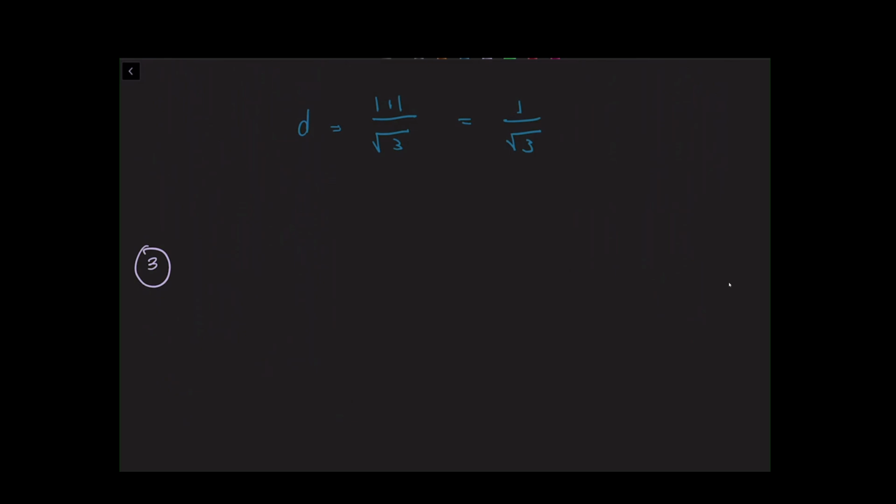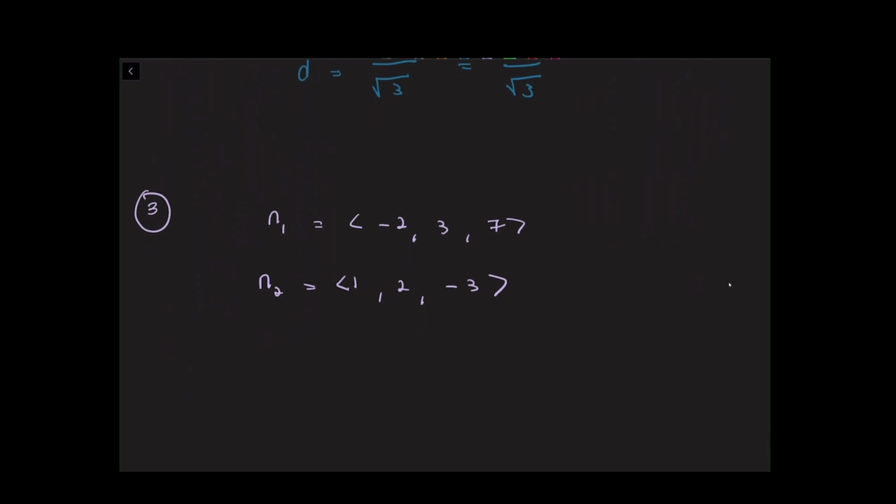So we are given the two planes. Let's extract the normal from each plane. The first one gives me -2, 3, 7, and the second normal is 1, 2, -3. Are they parallel? No, they are not, because there is no k times n1 that is equal to n2.